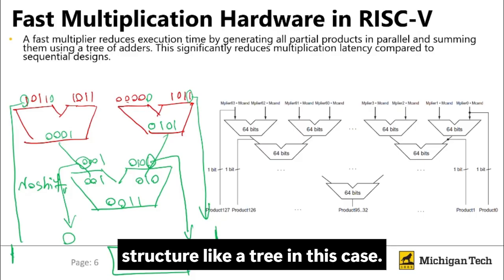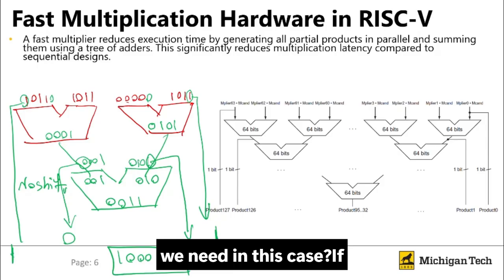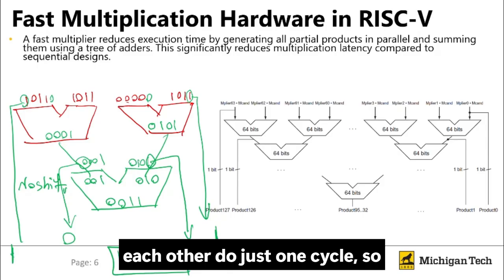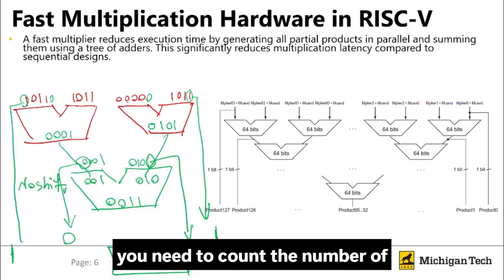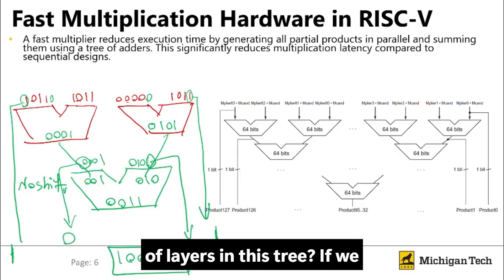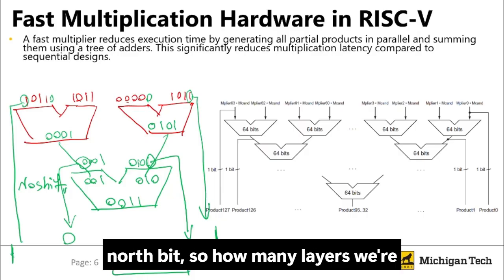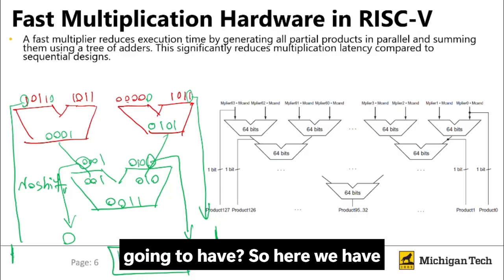In this case, if I ask you how many cycles we need, if each adder does just one cycle, you need to count the number of layers in this tree. What's the number of layers in this tree if we have n-bit registers? So how many layers are we going to have?